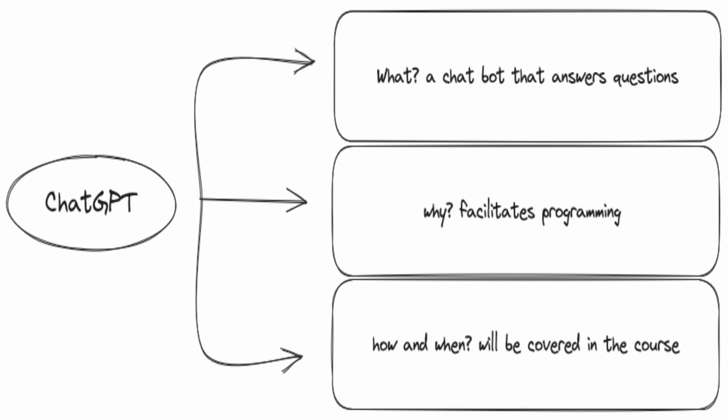The second thing that I want to cover is why. Why use ChatGPT? Why program with ChatGPT? The answer is very simple. It facilitates our programming. It will make programming much easier and much faster as well. Last but not least is how and when to use ChatGPT.